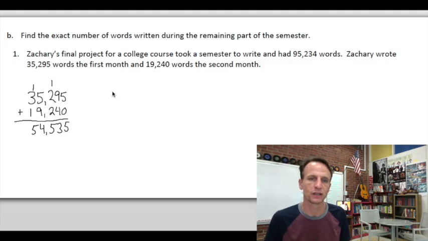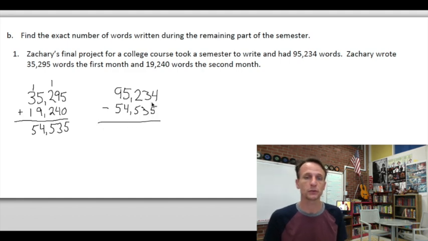Okay, so we have 95,234 words, and in the first two parts of the semester, the first 2 months, he did 54,535, and we want to find the remaining part, so it'll be the difference between them.